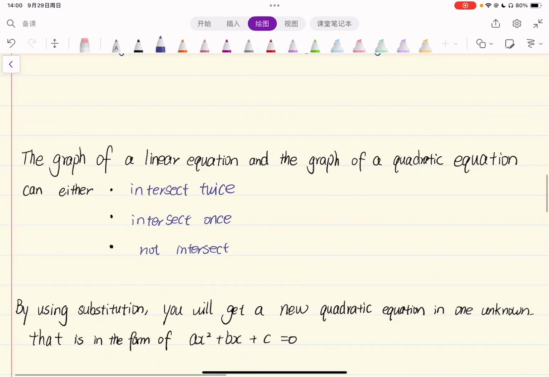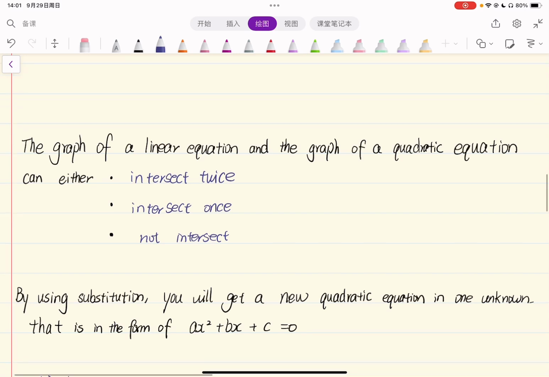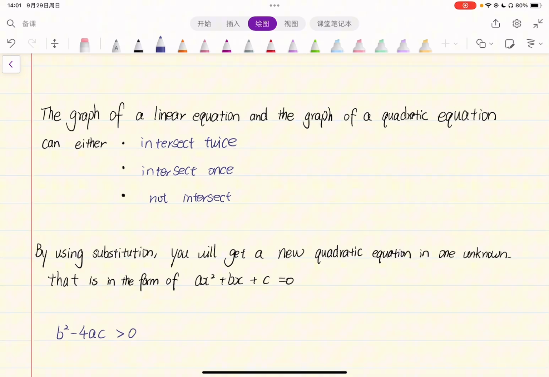How can we determine how many times the graphs intersect? We can use substitution. By using substitution, you will get a new quadratic equation in one unknown, in the form ax squared plus bx plus c equals 0. And we have learned that the discriminant of a quadratic equation can determine how many roots the equation has.